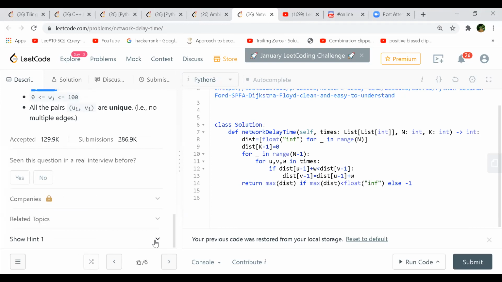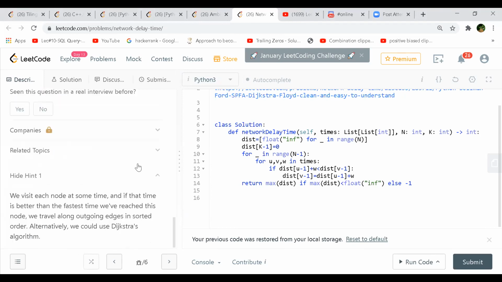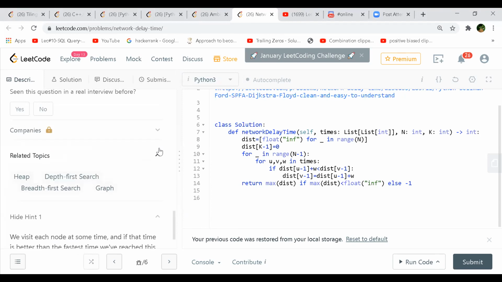Yes, the related one, not the hint. He talks about DFS also, and BFS is related because of shortest path.